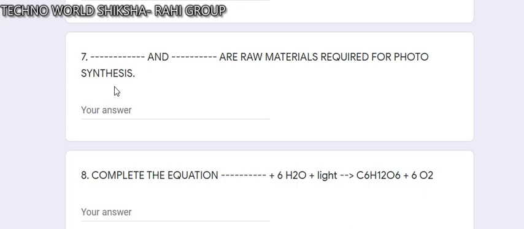What is photosynthesis? You all very well know that it is basically a process of converting light energy into chemical energy. This is a process by which the plant prepares its food with the help of sunlight.